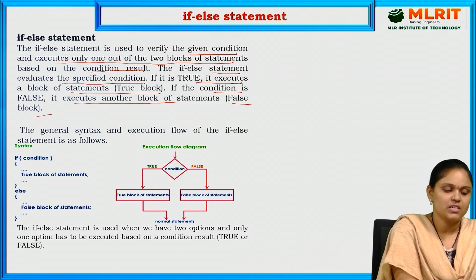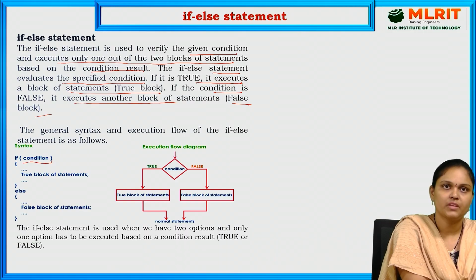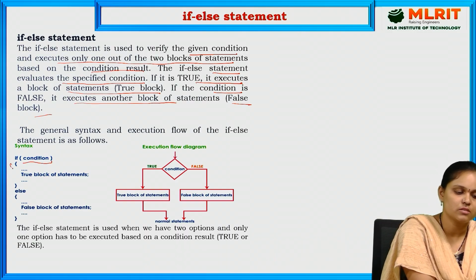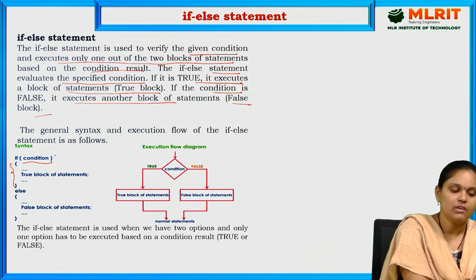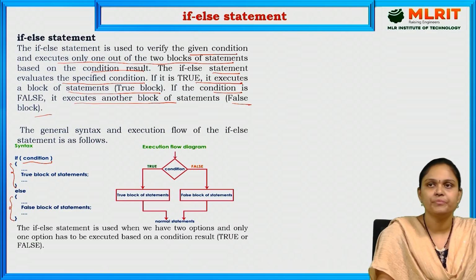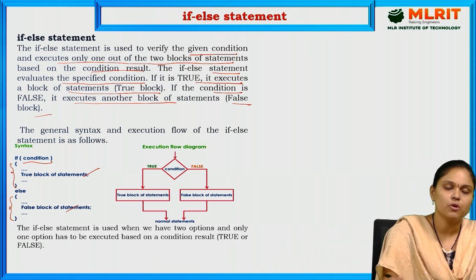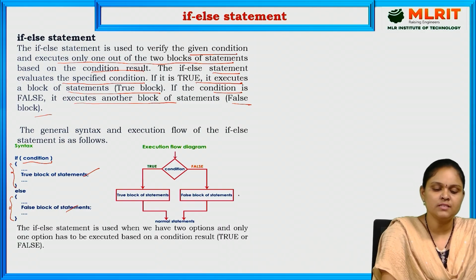So this is the general syntax of if else. We give the condition in the if, and if this condition is true, this statement block will get executed. If this condition is false, we come to the else block, and the else statement block will get executed. Inside the if we write the true block statements, and inside the else we write the false block statements. And this is the flow diagram.